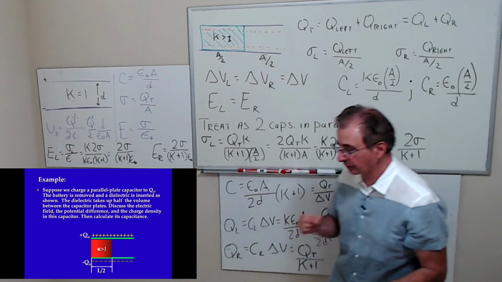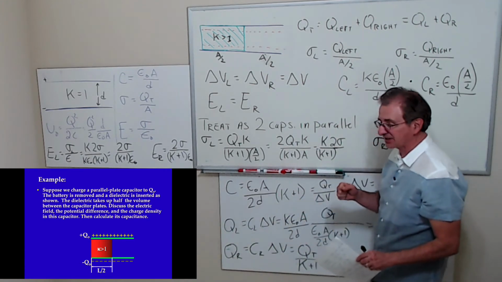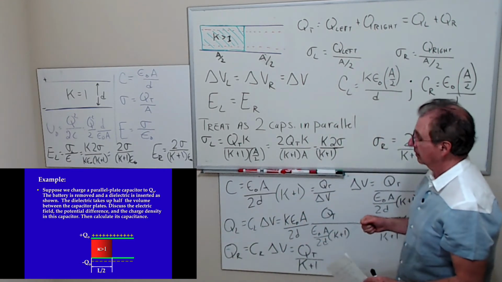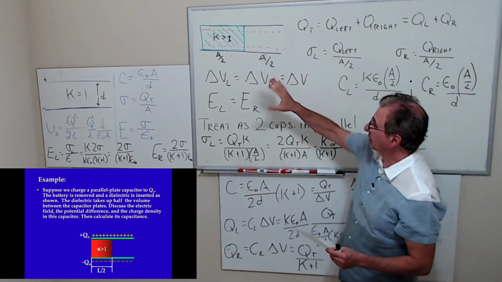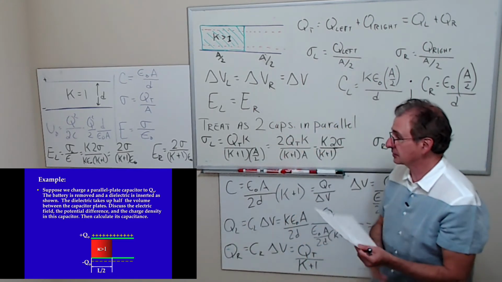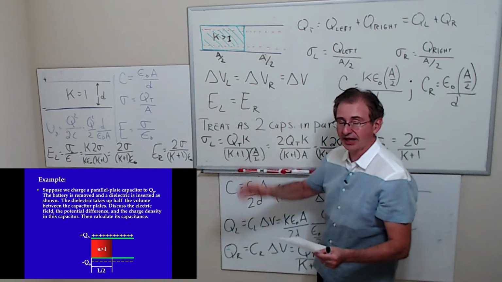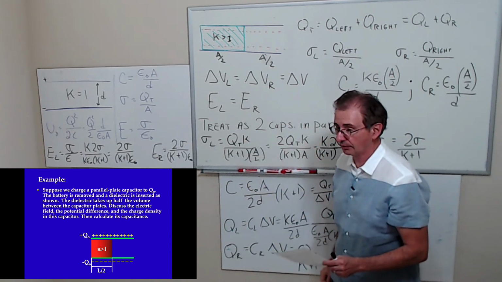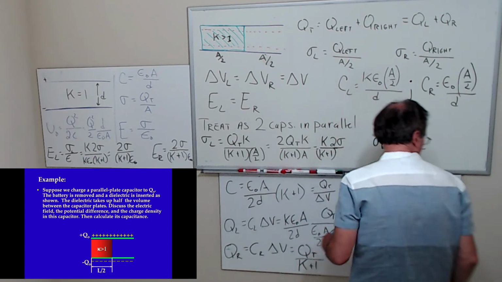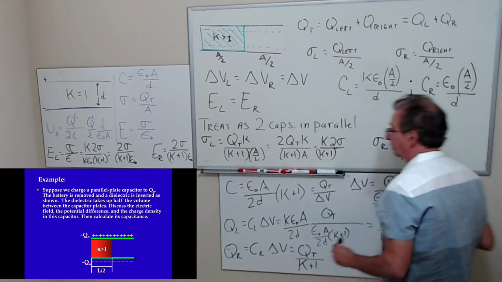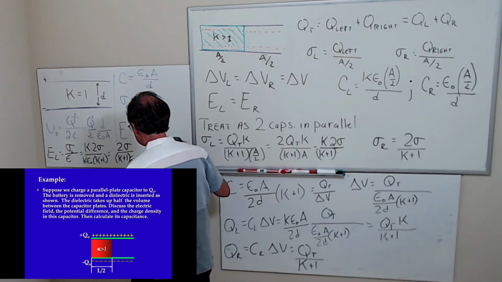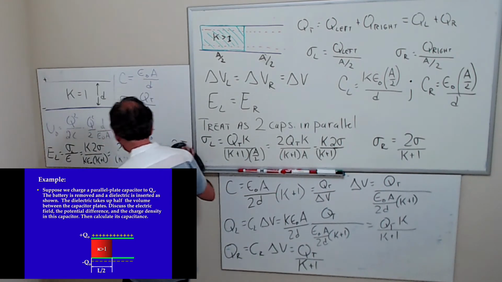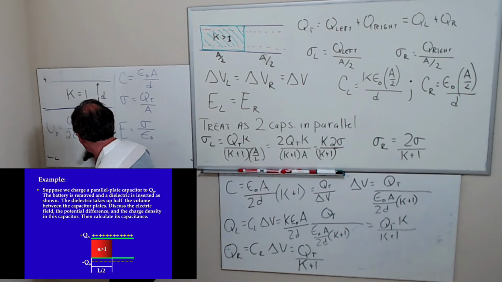Okay, so what I want to do now is I actually want to look at what happens if, instead of putting it halfway in, I put the dielectric a certain distance x into the plate. So let me redraw my picture. And I want to keep the purple equations. And I'm going to get rid of all this.